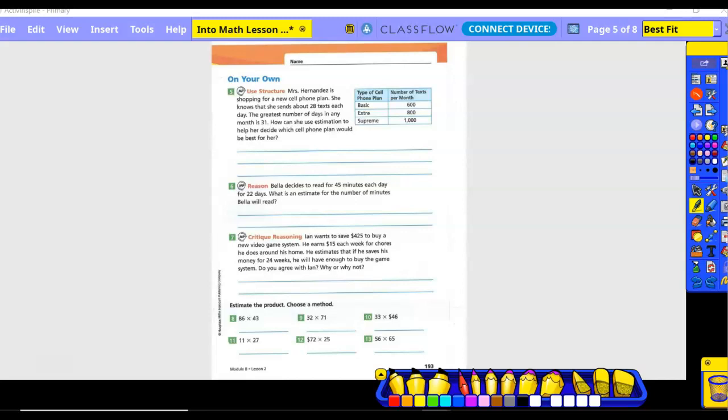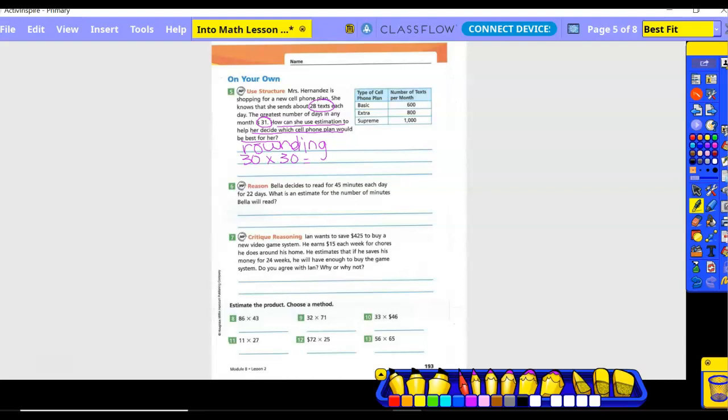Do we want to do, can we just do the rounding? Yeah, sure. Okay, so 28, 31, so rounding. And then we would take what? 28, is it closer to 20 or 30? 30, times, is 31 closer to 30 or 40? 30.